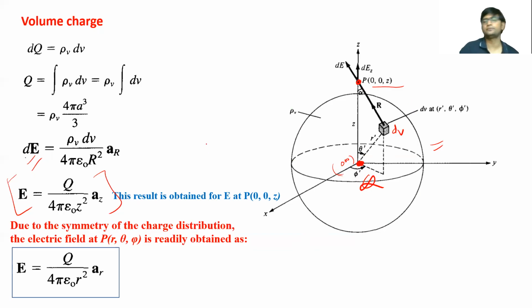So if there is a volume charge put at a particular point and it is distributed spherically, and you want to calculate the electric field at a particular point, this whole volume charge will behave as a small charge q, given by the integral of this whole volume charge. All you have to do is apply the point formula, the electric field for point charges, to get the electric field here.